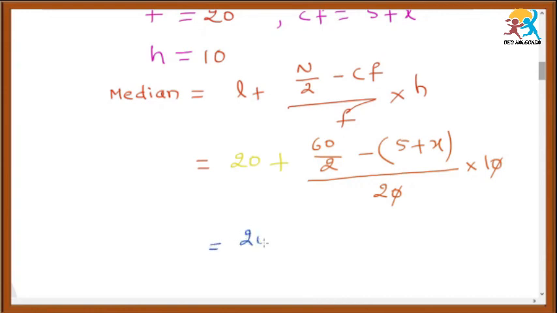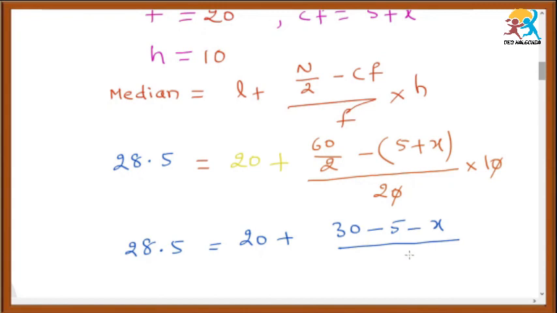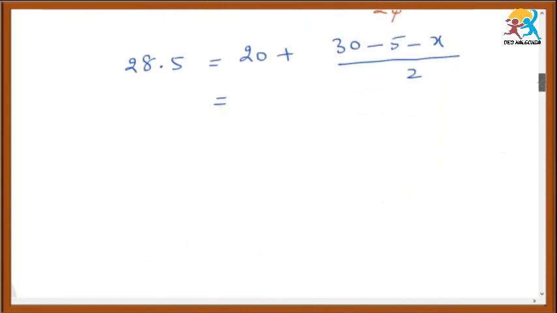So 20 plus 60 by 2, and here the median is 28.5. So in the place of median we can write 28.5. So 60 by 2 is 30, and send this minus inside, then it will become minus 5 and minus x by 2. So 28.5, and send this 20 to the other side, then it will become minus 20.